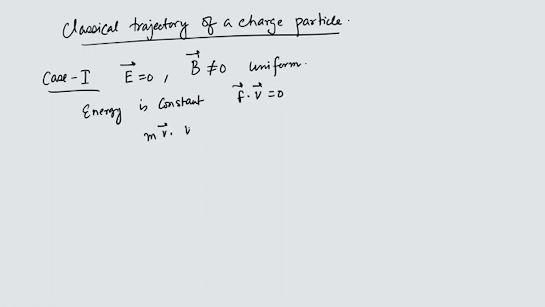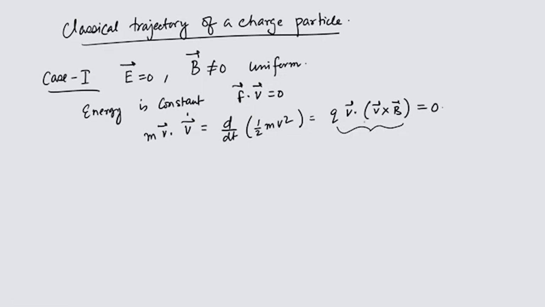m v dot v dot, which is equal to d dt of half m v squared, and this is equal to q into v dot (v cross B), which is equal to 0. This is your F dot v, because your F is the Lorentz force.